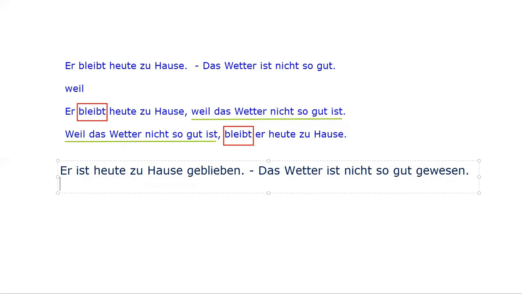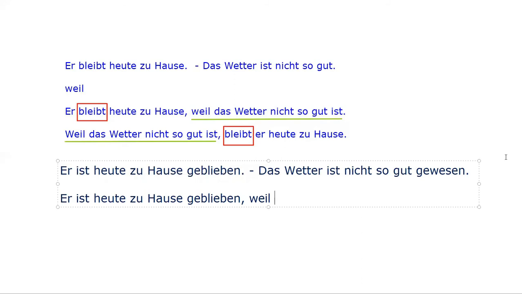So we're putting the two sentences again together with weil. We would say, ist heute zu Hause geblieben, comma, weil. I should go slower. So in the subclause, the weil puts a main verb to the end.